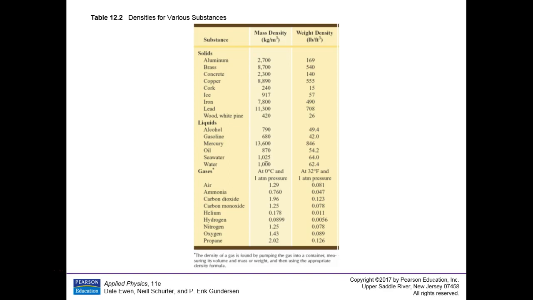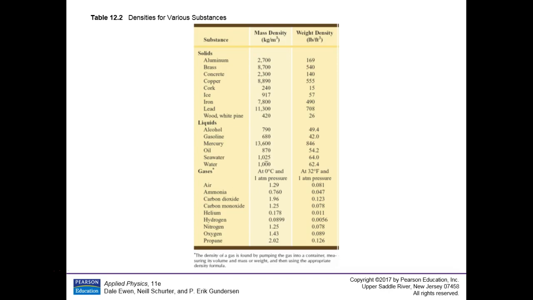Okay, so amazing. Ice is slightly less dense than water: 917 versus 1,000, 57 versus 62.4. Now, iron is much denser than aluminum and concrete, but not as dense as copper and brass. I skipped copper before.